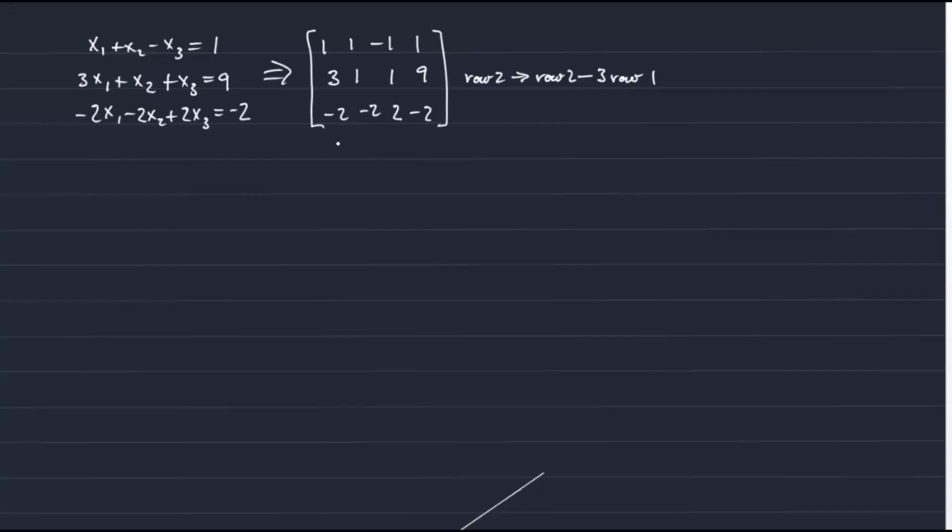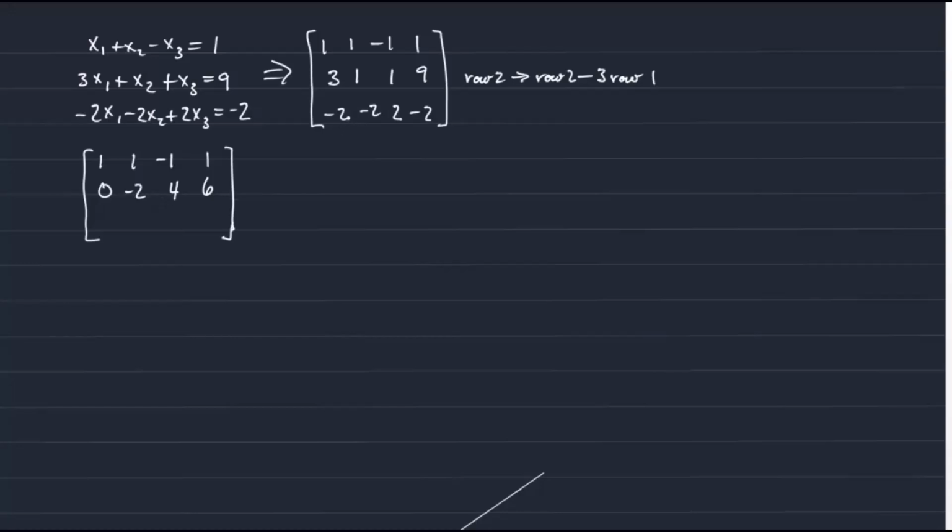And when we do that, we're going to leave our first row the same. And when we subtract 3 times the first row, 3 times 1 minus 3 is 0, we have 1 minus 3 is minus 2. 1 minus minus 3 is 4. And 9 minus 3 is 6. So we've indented the second row over 1.